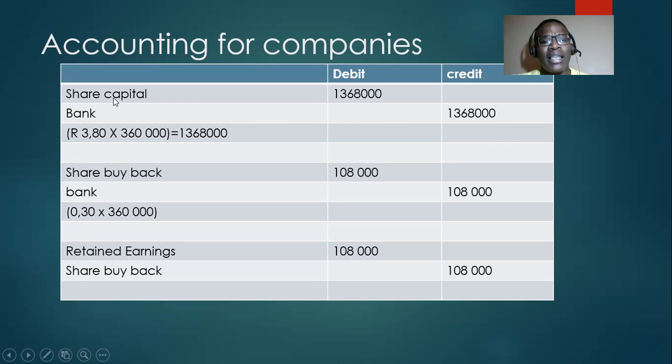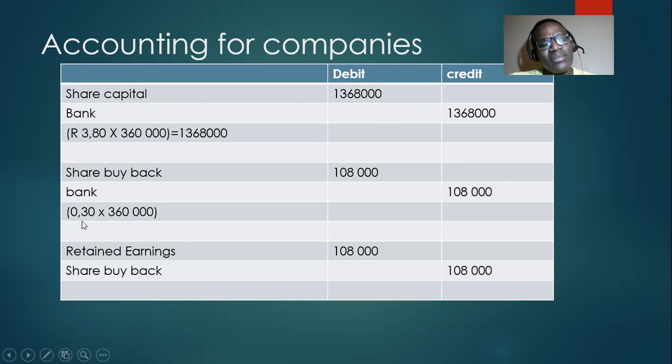Then your share capital is going to reduce, right? So the share capital is going to be reduced by the book value. The book value is 380 and 360 shares were bought back. So the share capital is going to be reduced by 1,368,000, right?